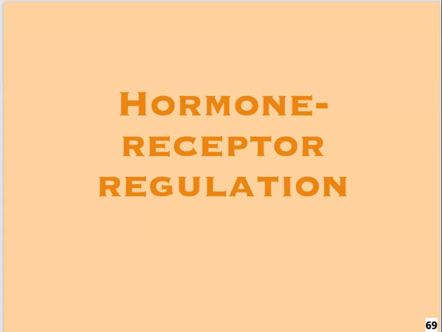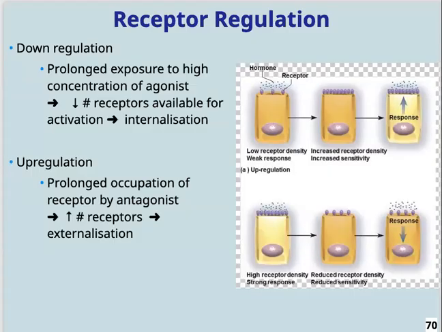Lastly, we're going to talk about hormone receptor regulation. You will recall that target cells must have receptors specific to a given hormone if that hormone is to trigger a response. But several other factors may also influence the target cell response.